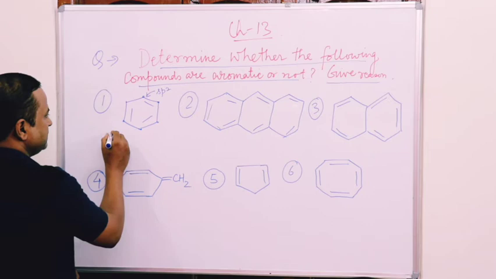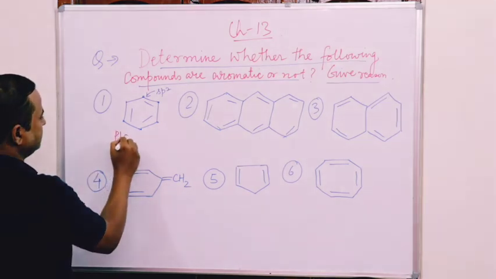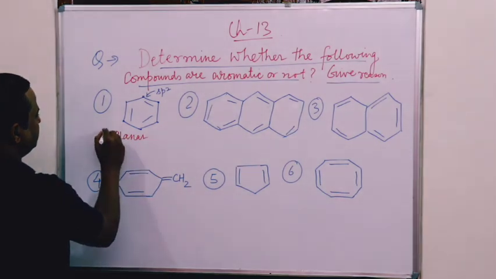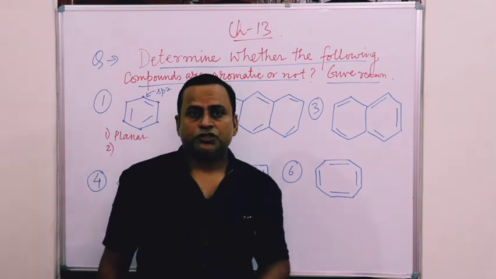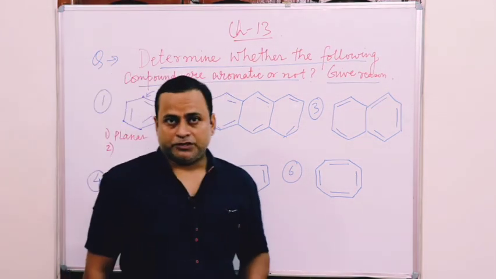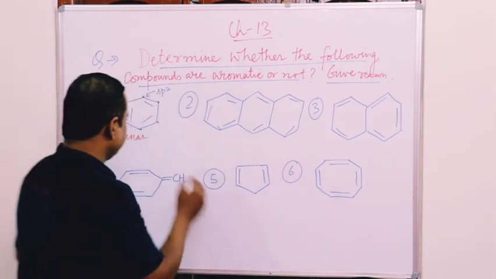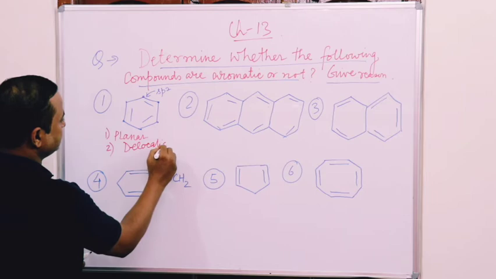First condition is obeyed here, planar. Second condition, let's check, is there delocalization of pi electrons? Yes, obviously you can see there are 3 pi bonds, so that means 6 pi electrons are there. So this condition is also satisfied.